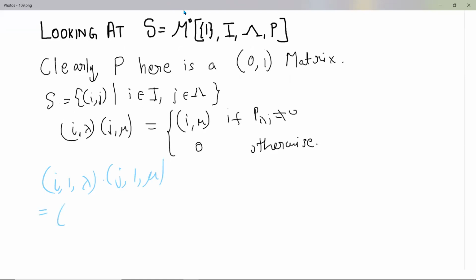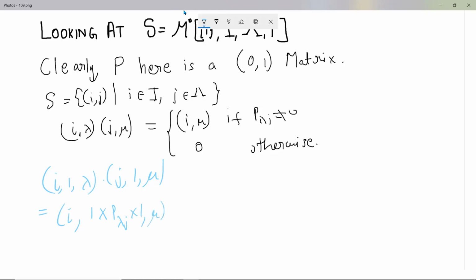But then that means this would be (i, 1) times p of lambda, j, where p lambda j is the element in that matrix p, which will just be a 0-1 matrix, because in this case there is just one element in the group. And then times 1 again, and then comma mu.